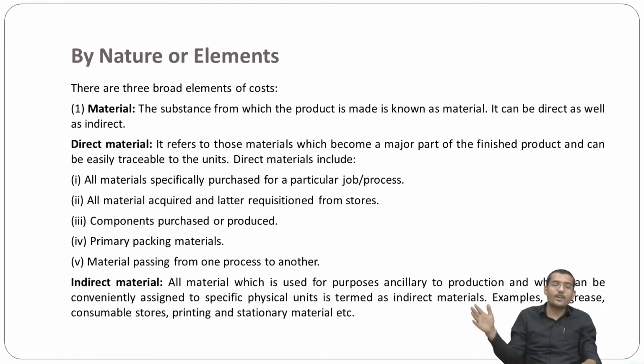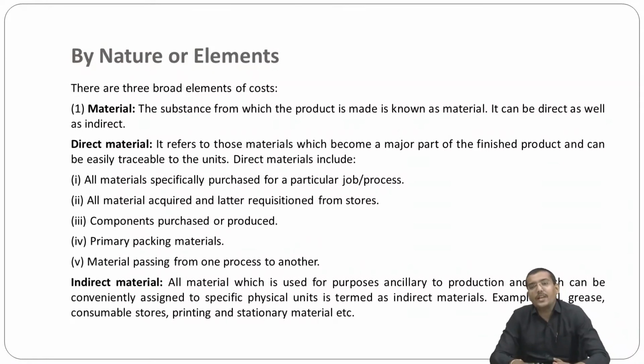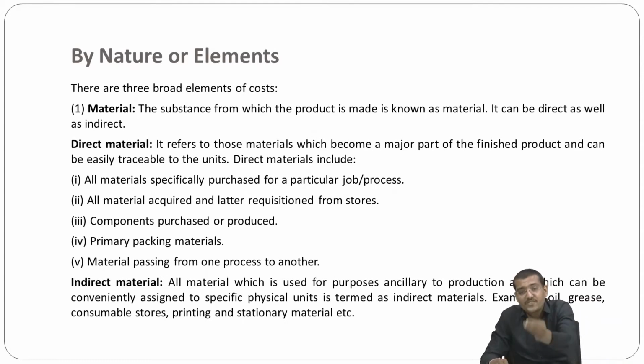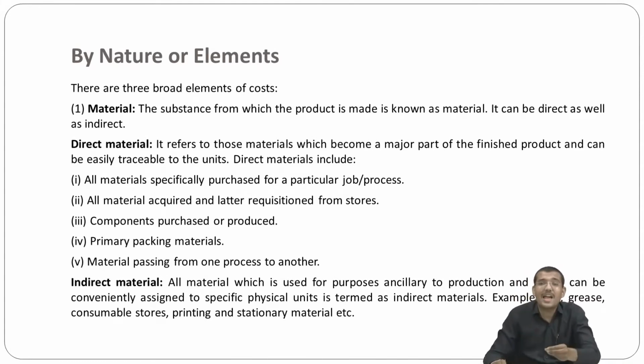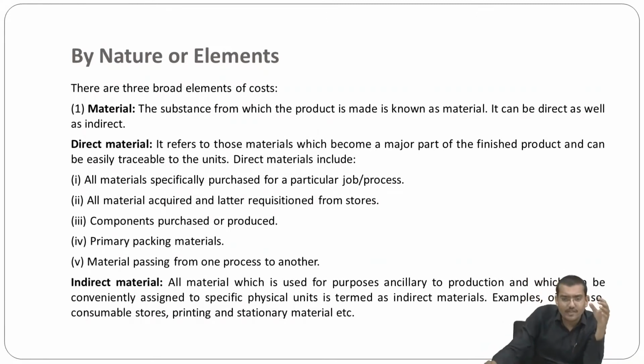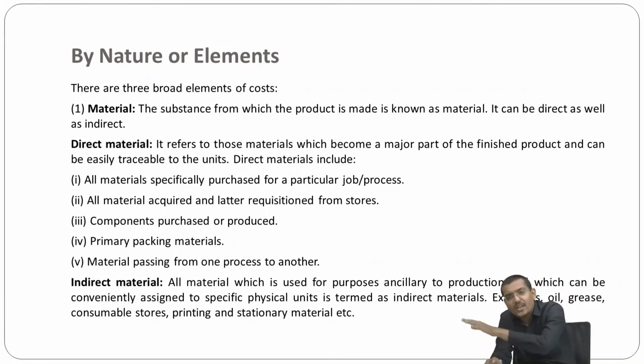Then moving forward to indirect material. All material which is used for ancillary purposes to the production and which cannot be conveniently assigned to a specific physical unit is termed indirect material. For example, my dear friends, oil, grease, consumable stores, printing and stationery material.